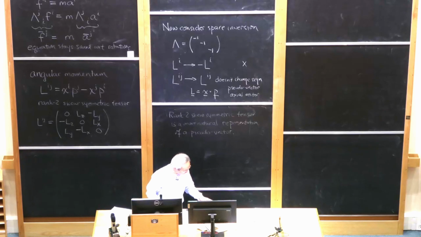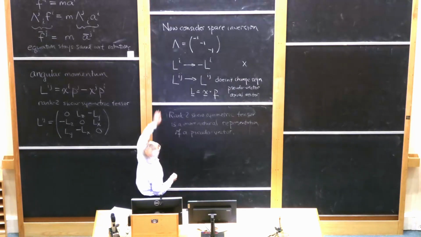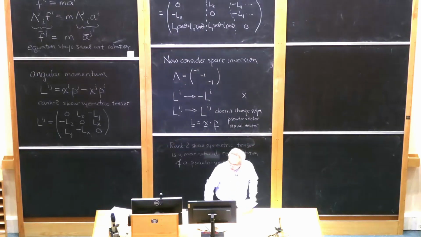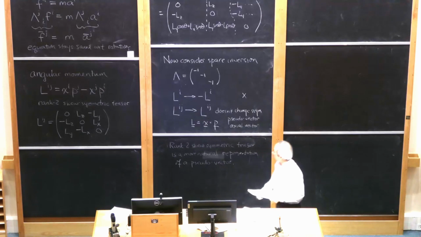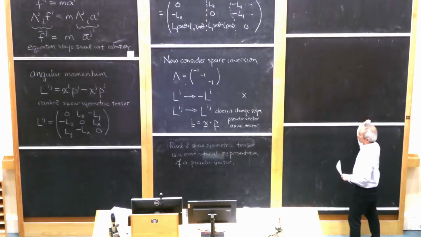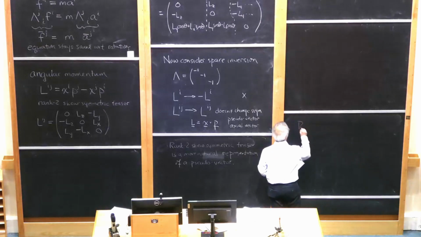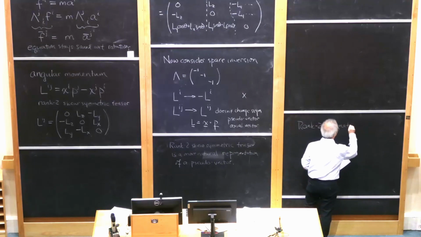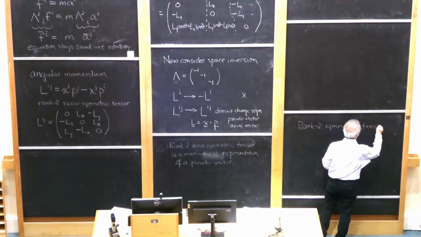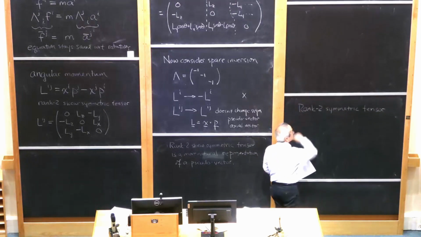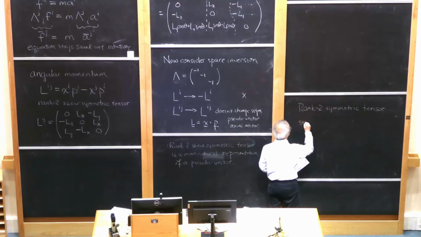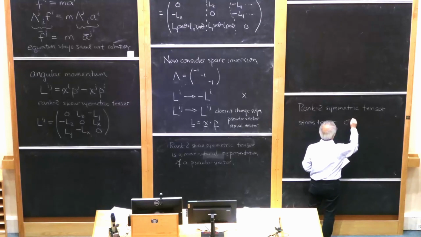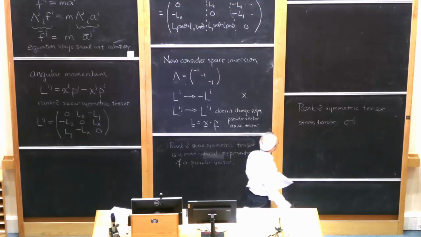Right. Okay. Now, let's move on a little bit. You might think, okay, so that's great for a rank 2 skew-symmetric tensor. Is there any example of a rank 2 symmetric tensor? Okay, so one example is something called the stress tensor, oftentimes denoted sigma ij.